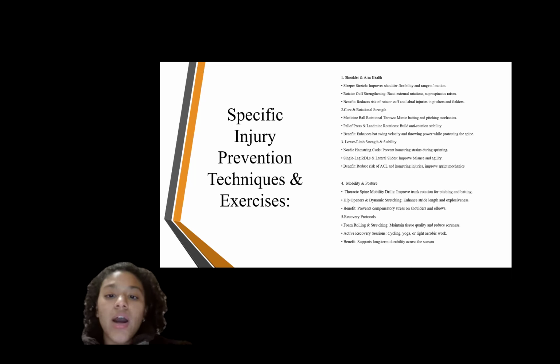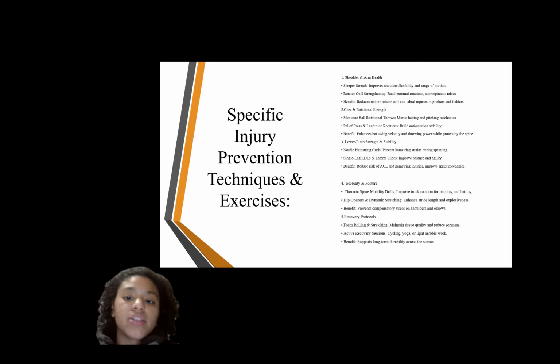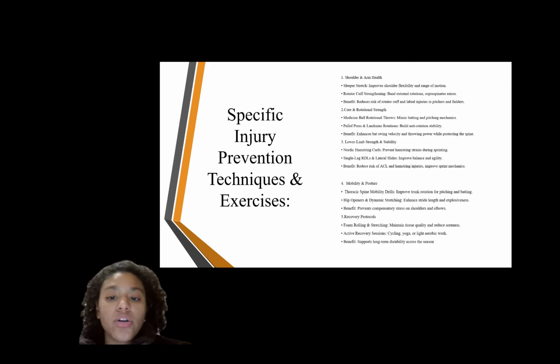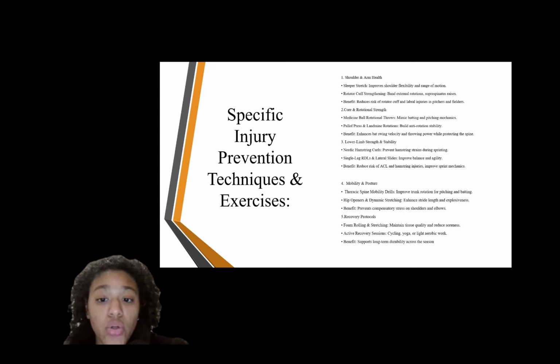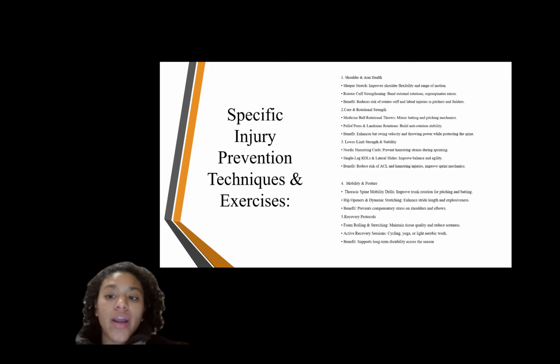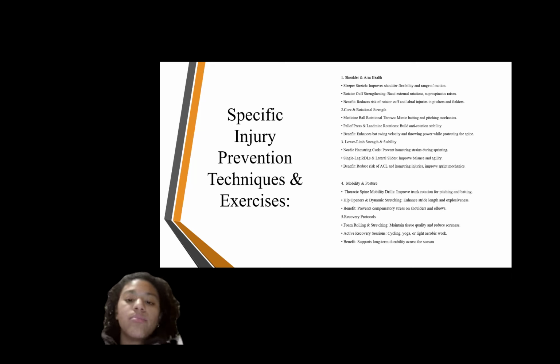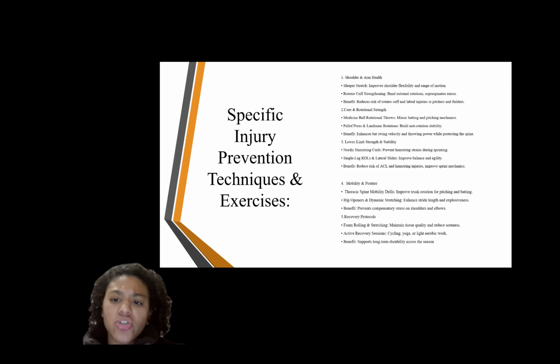And then we have mobility and posture, so thoracic spine mobility to improve their trunk rotation for pitching and batting. We want to improve their hip openers. We want to include dynamic stretching to enhance their stride length and explosiveness. Their benefits will prevent compensation stress on shoulders and elbows.